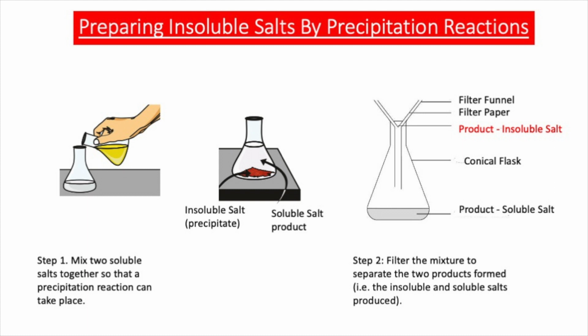Now the next step would be to filter the mixture, and we do this to separate the insoluble salt from the soluble salt. And we would then obtain our precipitate, which would be on the filter paper, and our soluble salt would pass through the filter funnel and would be our filtrate.